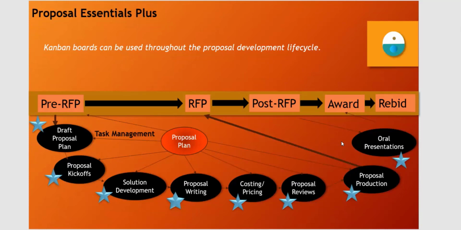Here, every step in developing a proposal has the ability to use a Kanban board, from the draft proposal plan, to proposal writing, to oral presentations. Each one of those steps, as I'm calling them, can use a Kanban board.